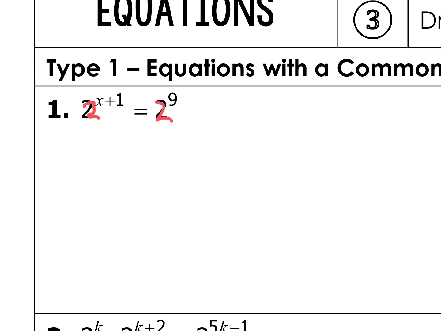They're the same. There's a rule that says if you have an equation and on each side are like bases, then the exponents have to be equal, which implies the x plus 1 has to be equal to the 9. That is if the bases are the same.